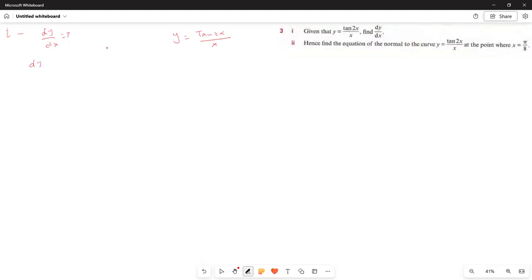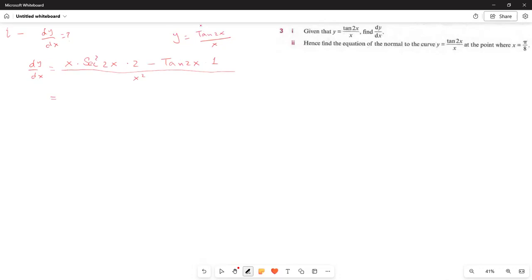So dy by dx is equal to lower function into derivative of the upper function, which is tangent 2x, and its derivative is going to be secant square 2x, and the derivative of 2x is 2, minus upper function tangent of 2x into derivative of the lower function, which is 1, divided by square of the lower function, which is x square.